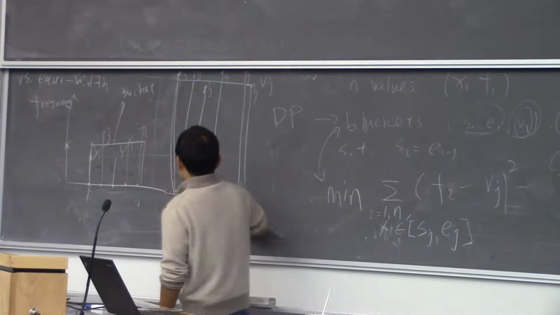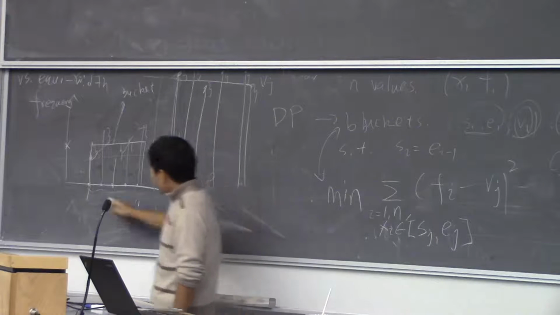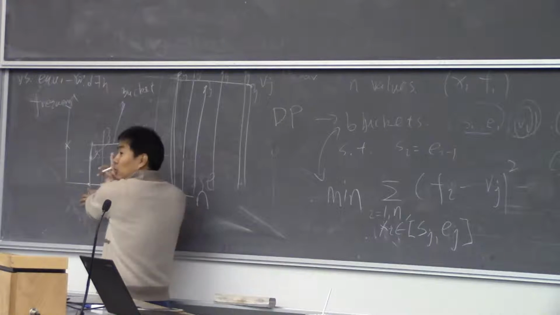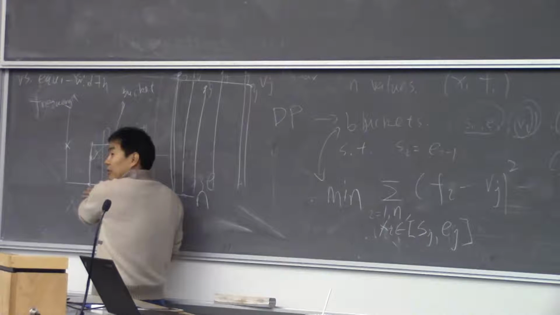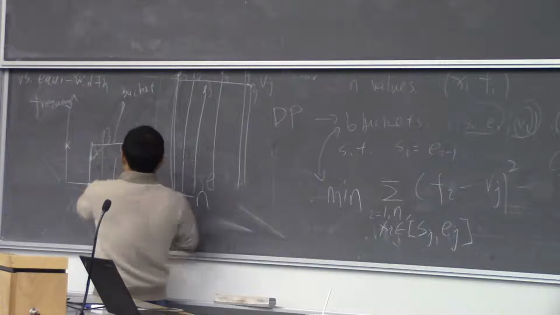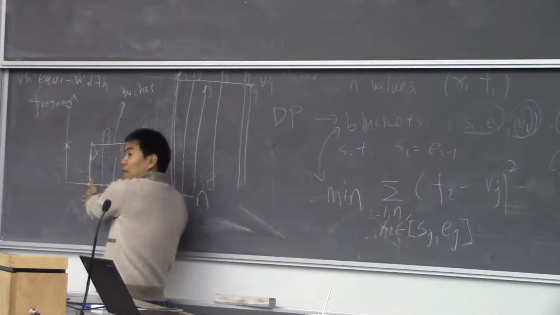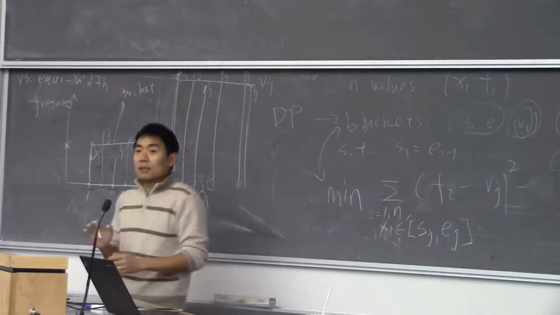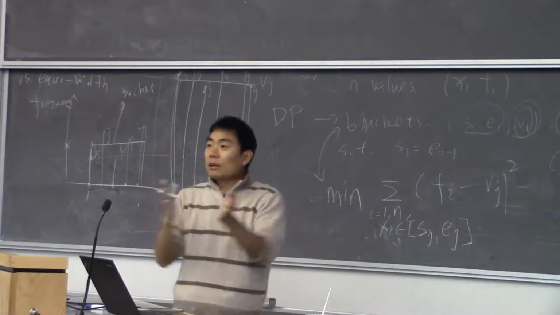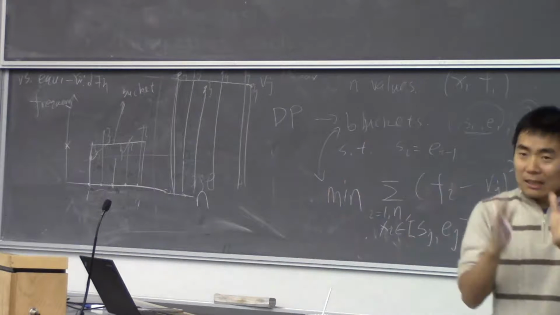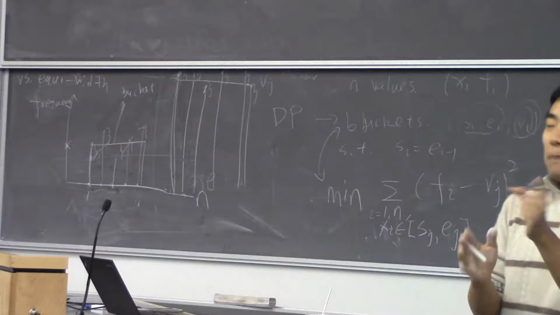What you do is you try, okay, for this part, I use B minus 1 buckets, then all the remaining, I use 1 bucket. Then increase a little bit. For this, I use B minus 1 buckets, the rest is 1 bucket. Increase just one more step. This, I use B minus 1 buckets, the rest is 1 bucket. Then you have n such possible combinations, and then you choose the optimal one from that. That gives you the B bucket configuration.